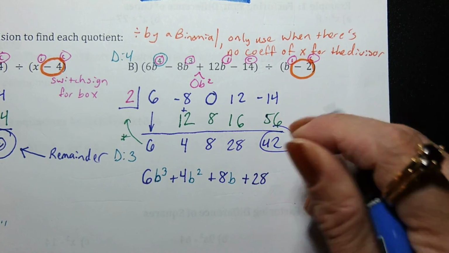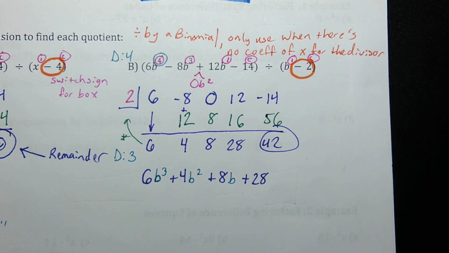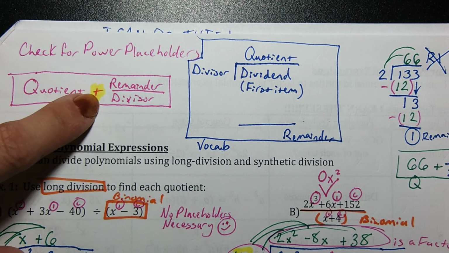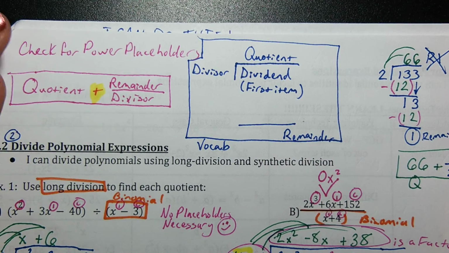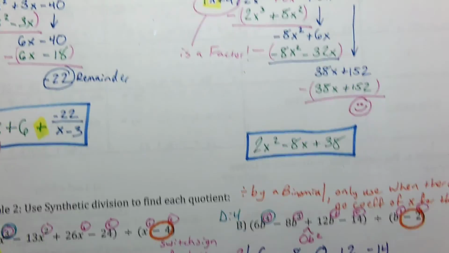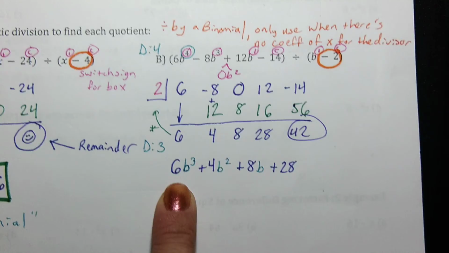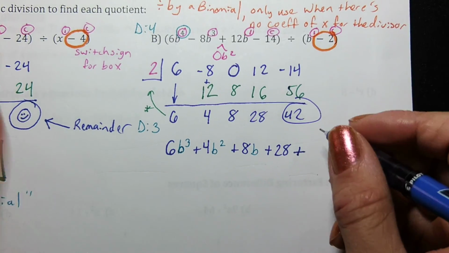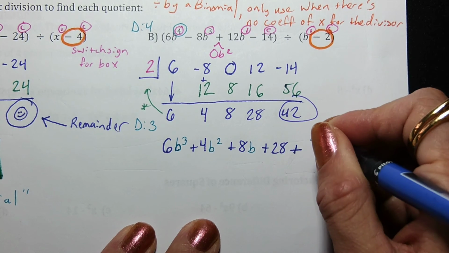And plus 8b plus 28. Now, how we handled the remainder is what we did back up with long division. We take the quotient and then plus the remainder over the divisor. So my quotient is this business. And then plus our remainder is 42.